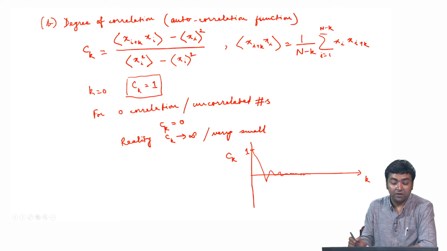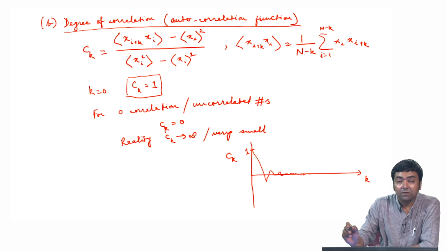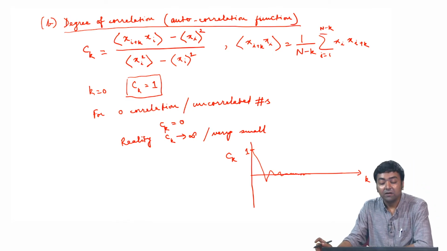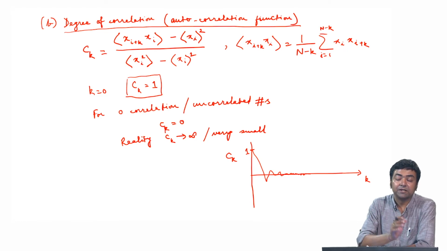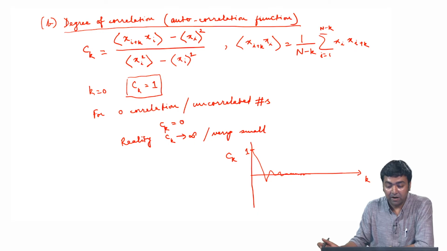So this is what it will look like. This is the second test, which gives me a measure of how random my random number is. The first test tells me whether the random numbers from my random number generator have a uniform distribution. The second test, the degree of correlation, tells me how random the random number is.